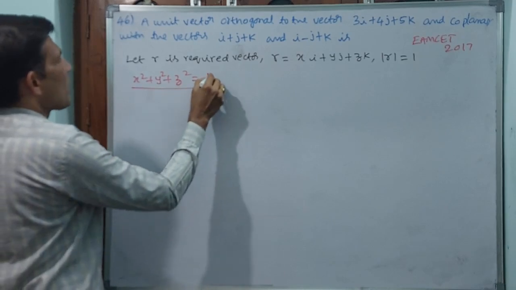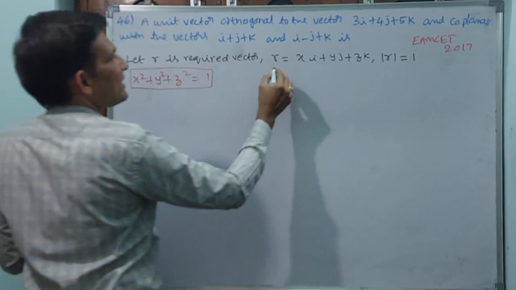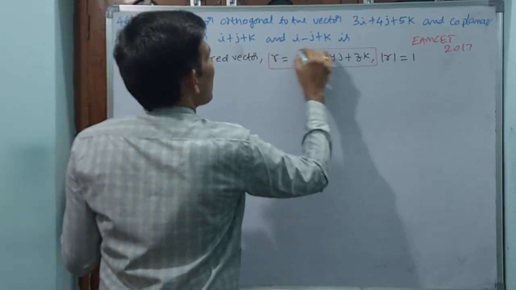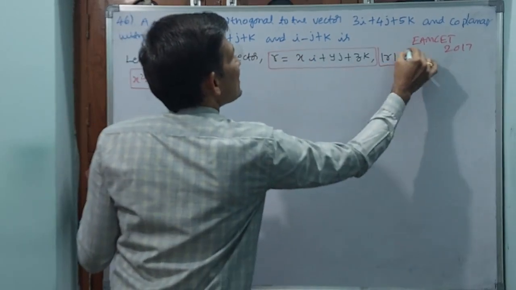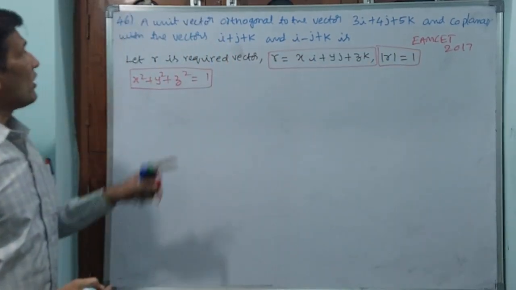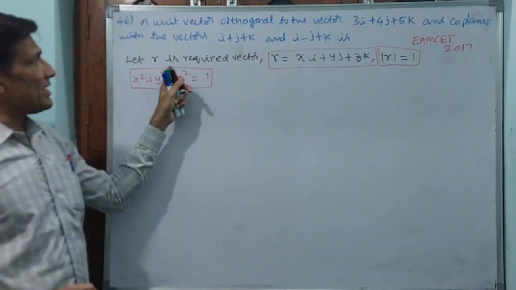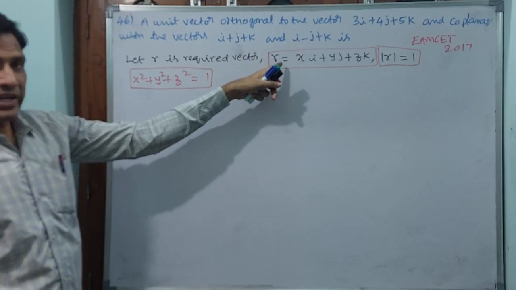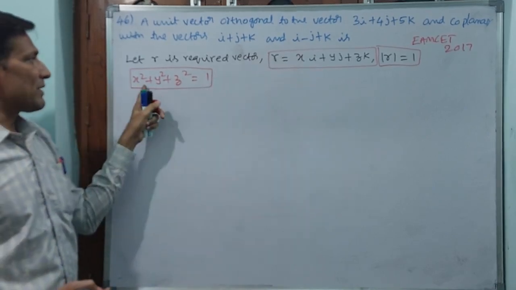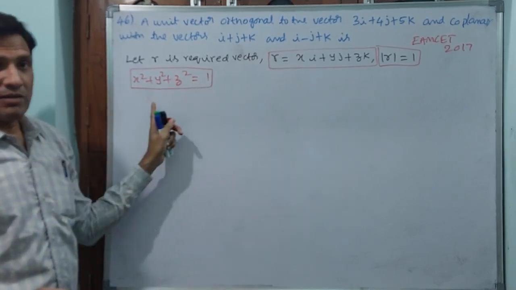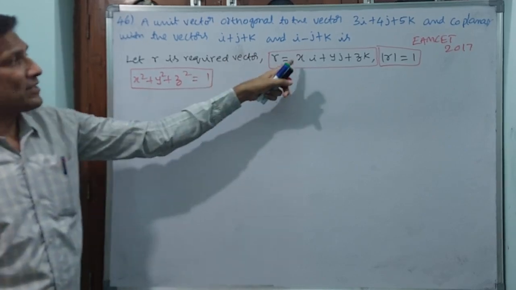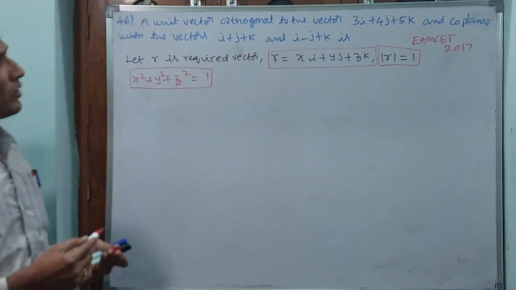These you can box, these are all required for us. The required vector is a unit vector, so x square plus y square plus z square will be 1. We have to find x, y, z.